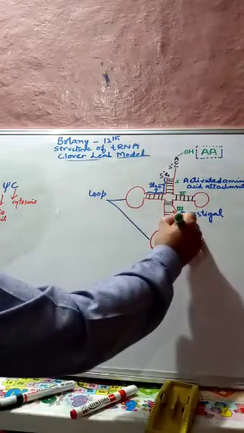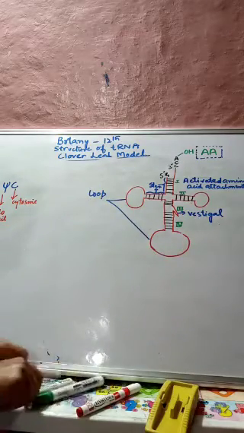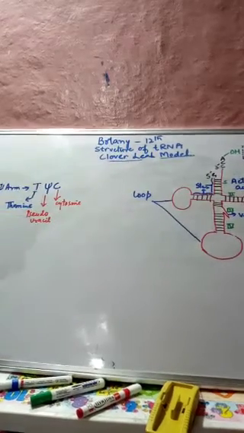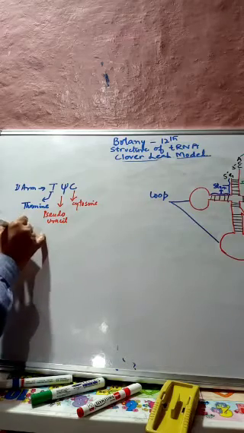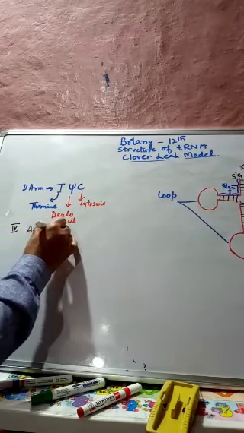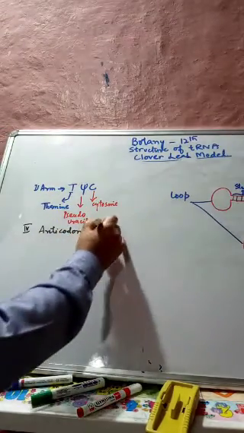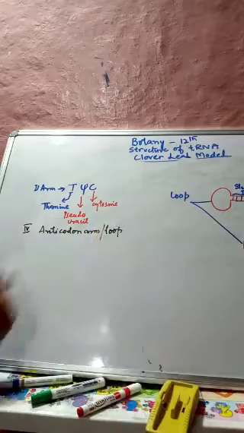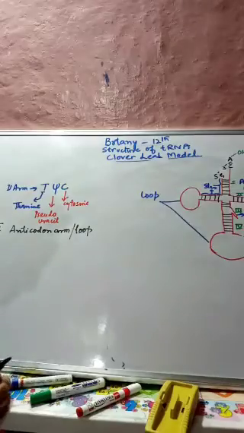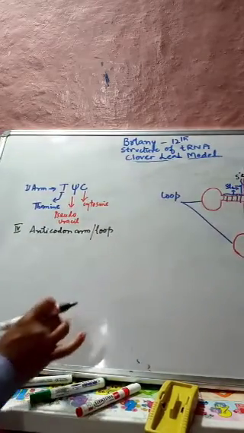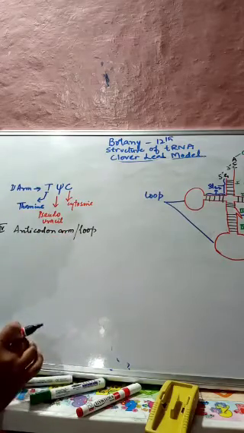Now we have got this fourth arm. The fourth arm is called the anticodon arm, or the anticodon loop, because this arm consists of the anticodon, and this anticodon recognizes the codon on mRNA.